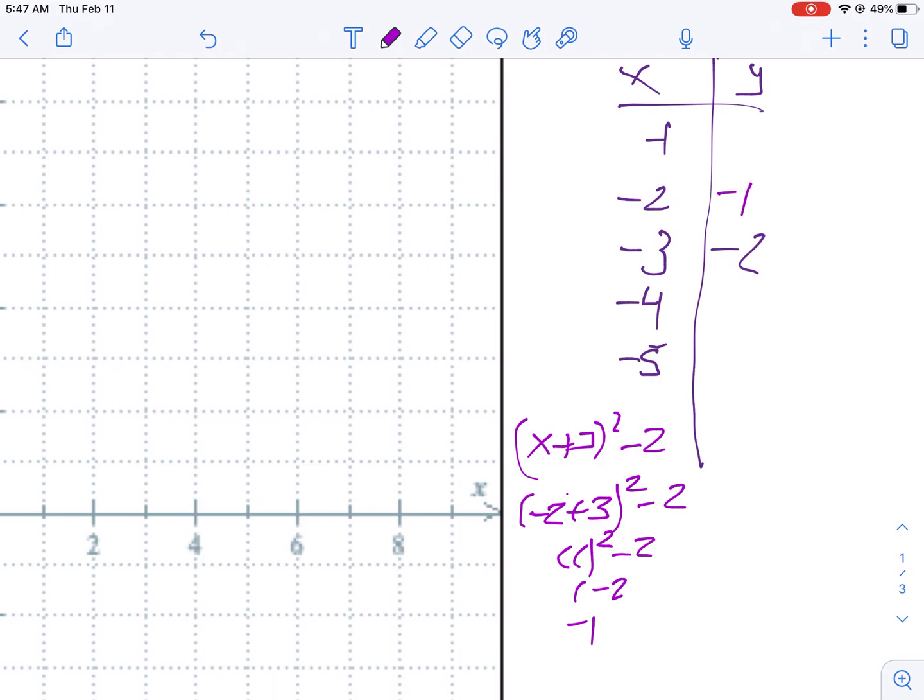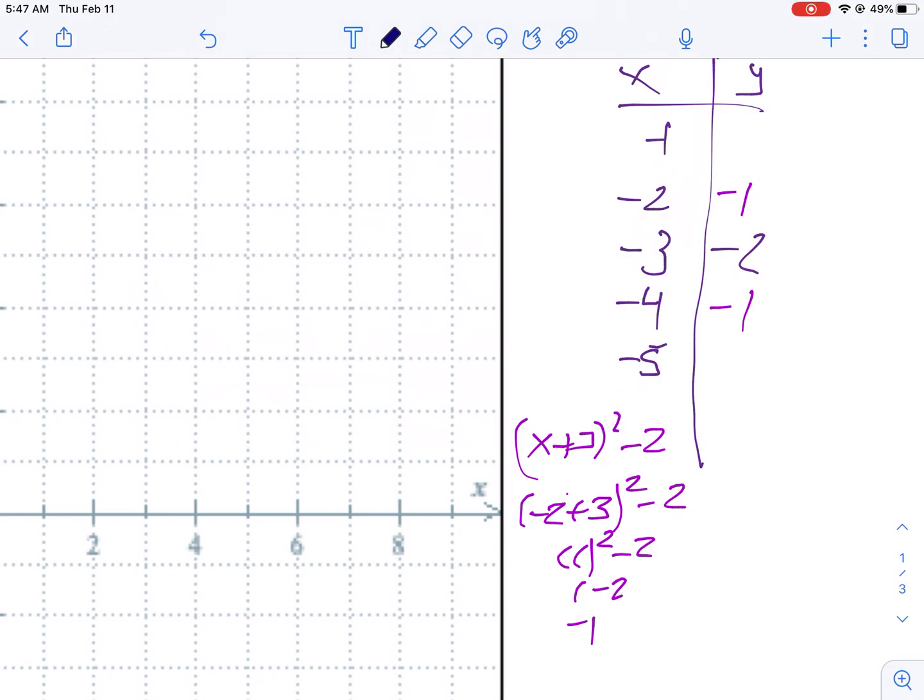I know my parabola is symmetric. So if I put in negative 2 and get negative 1, negative 4 is also going to be at negative 1. I can do that because if I go negative 4 plus 3, I'll get negative 1 squared. I'll get the same answer. Now, let's do negative 1.